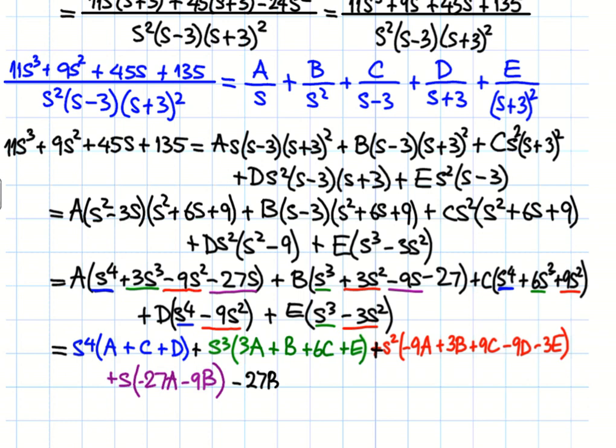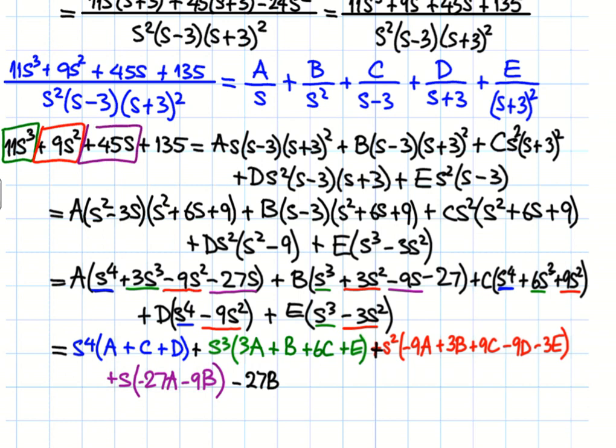After that, we will match with the coefficients. On the left-hand side, we have 11 s cubed, so we'll put in the color code 11 s cubed in green. The s squared we're going to use red. The s in purple.